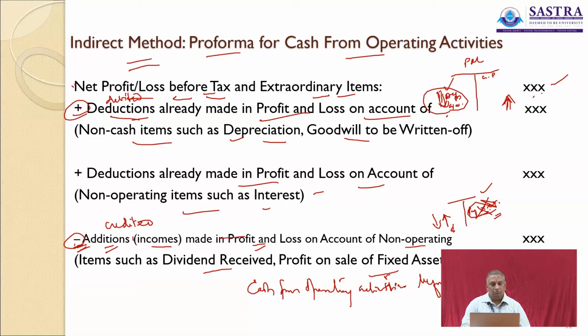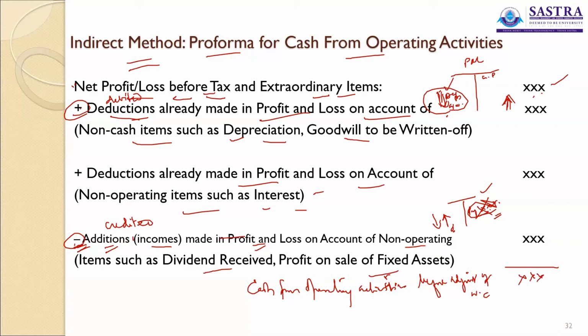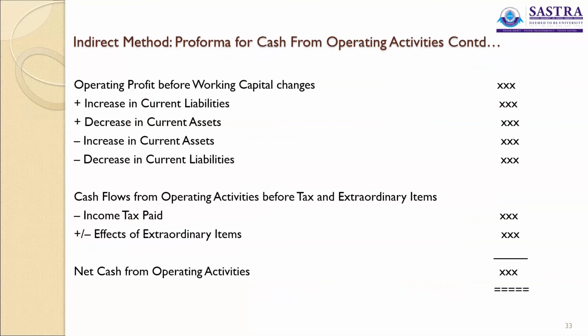Along with that, you have to add back all the non-cash and non-operating expenses, and you have to subtract non-operating income, if any, given in the question. So the result will be cash from operating activities before adjusting working capital aspects. It's current assets and the current liabilities. And from this balance, you have to adjust the working capital changes in the current assets and the current liabilities.